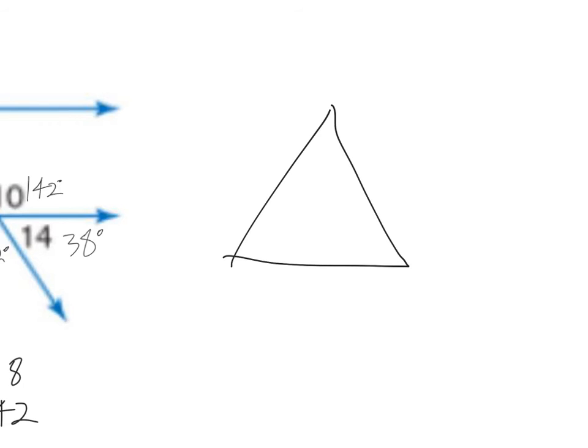That can be proven because of alternate exterior, interior, corresponding, all those properties. If I take a straight angle line and draw it on top of the triangle, a straight angle is going to add up to 180 degrees because it's like cutting a circle in half. If you trace a semicircle, that's 180 degrees. If you trace the whole circle, that's 360 degrees.